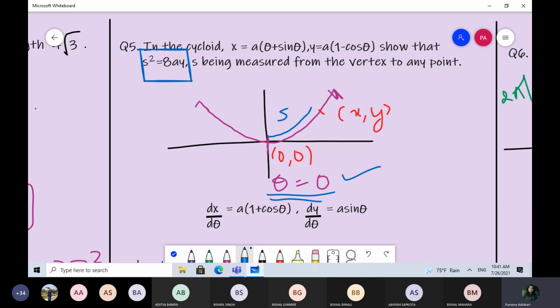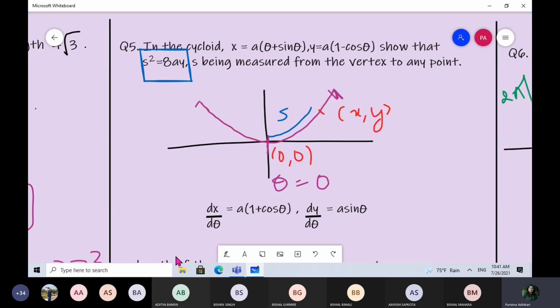Hence, theta 0 is the initial point. Then when will you get any x comma y for any theta? You don't know what is theta, you don't know what x and y. So any theta gives you any x and y. So your upper limit will be theta only. So that you have to determine.